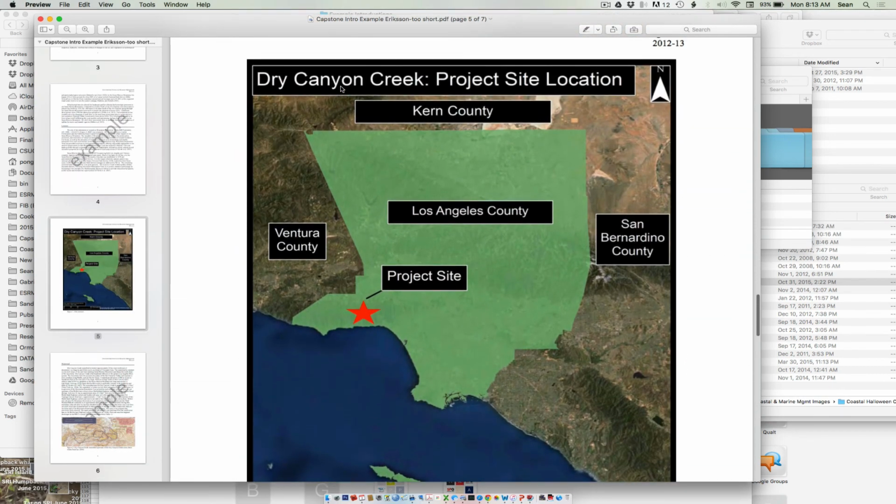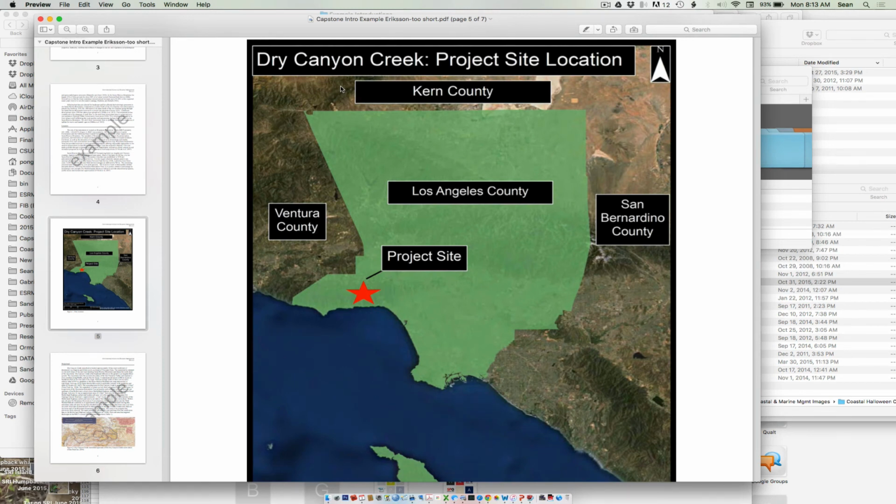Anytime you guys have a map inserted, and you may or may not have a map in your methods section, you may or may not have a map in your introduction. This is not your methods, right? This is the setting up of your problem.